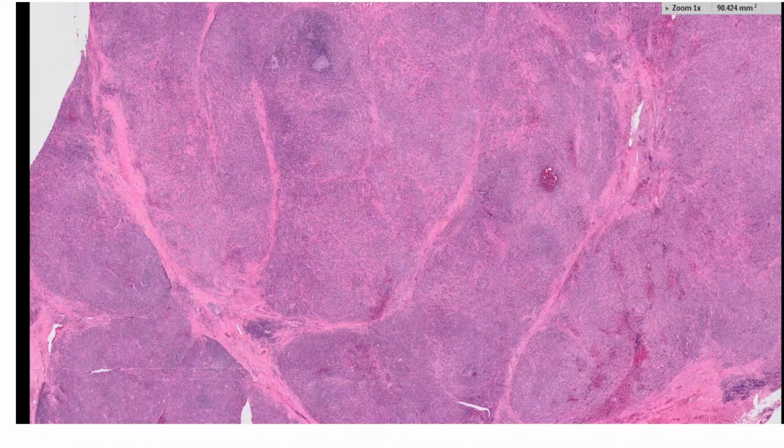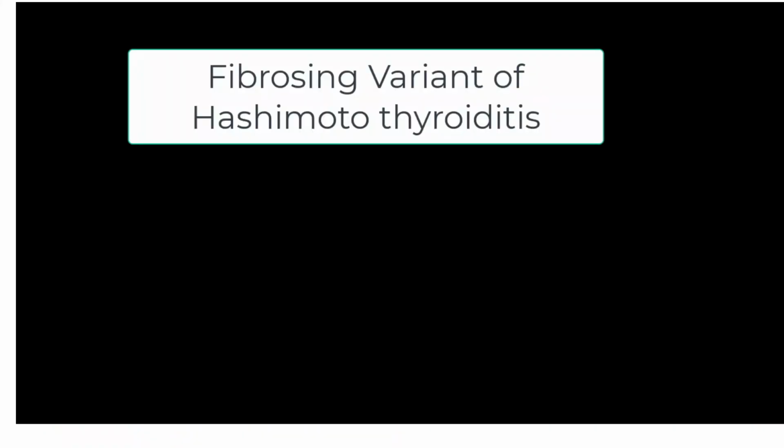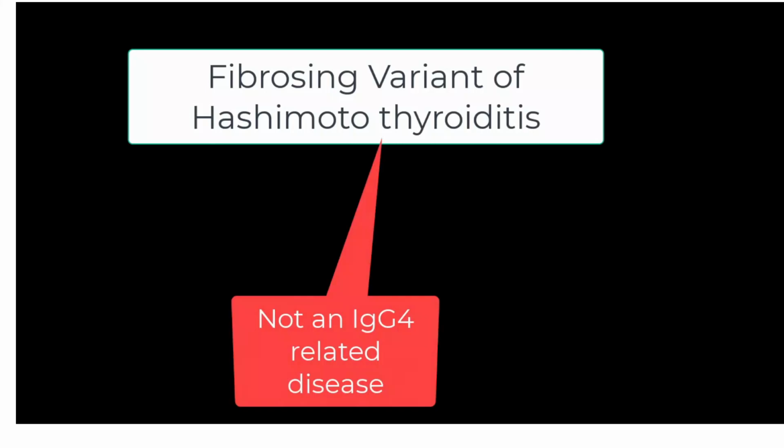But the broader question is, is this entity related to IgG4 related disease? And the more specific question is, will this patient go on to develop systemic IgG4 related disease? The answer to that question, albeit with my implicit bias, is that I do not believe that this entity belongs to the spectrum of IgG4 related disease. And I say that for two reasons.